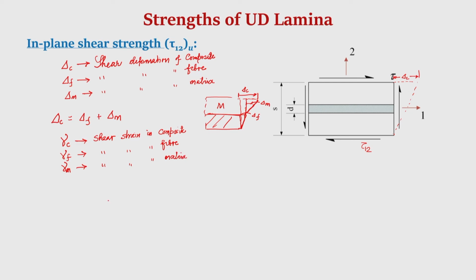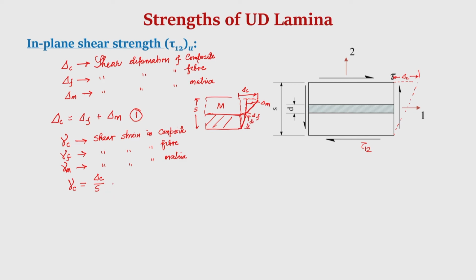Okay. Then going by the definition of shear strain, say this is our equation number 1, gamma C is nothing but, actually it is tan theta. So, gamma C is nothing but delta C by S. This is S, same thing there we have shown two fibers where each is d by 2.